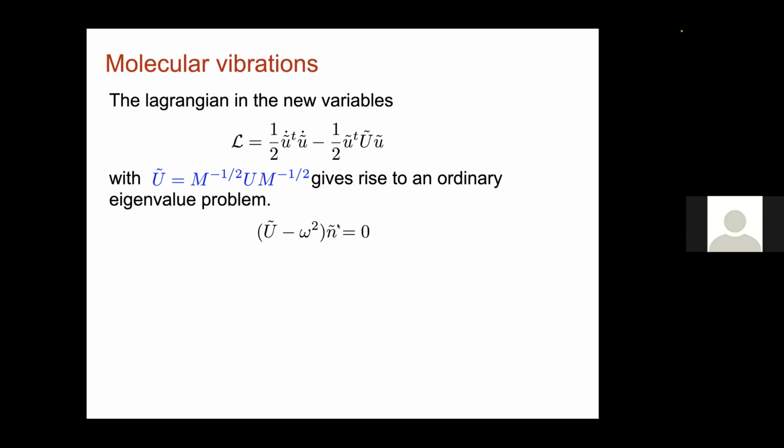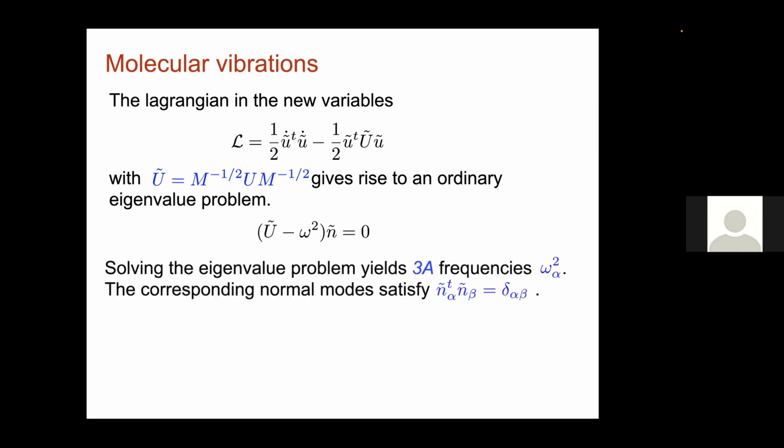Okay, but the idea is that we are going to concentrate on this thing. This object, we will try to see what is the most general form of this object allowed by the symmetries of the problem. When I solve this, since this is a 3A by 3A matrix, in our case 15 by 15, I will get 15 frequencies, okay, with the corresponding normal modes.